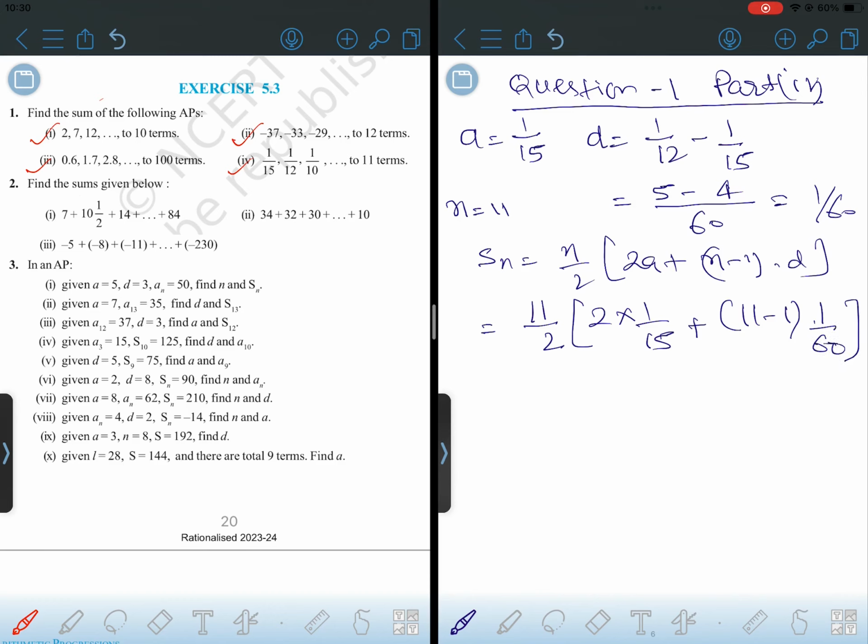So it is 11 upon 2 in bracket 2 upon 15 plus, that gives you 10 upon 60.